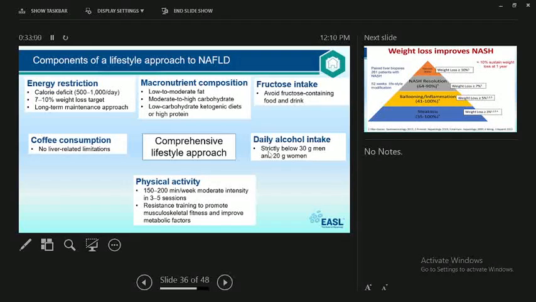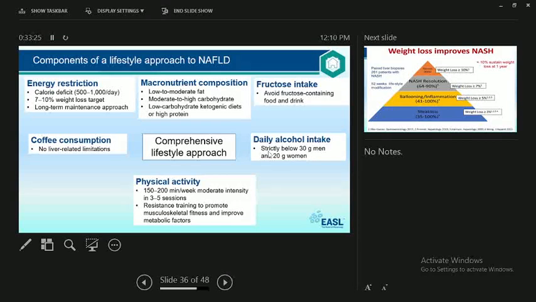We have to consider energy restriction, a hypocaloric diet, and macronutrient composition: low to moderate fat, moderate to high carbohydrate, low carbohydrate, ketogenic diet, low or high protein. The fructose intake should be reduced as much as possible. The daily alcohol, we know how much we are allowed.